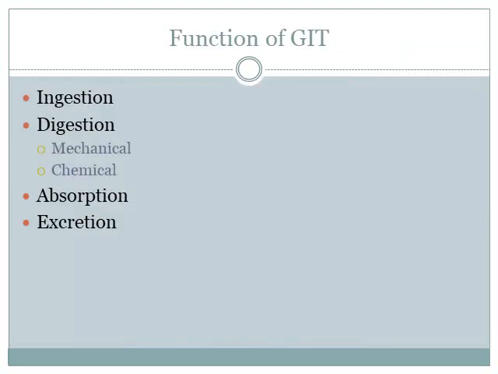Now when we talk about the gastrointestinal system, we need to remember that the whole function of the gastrointestinal system goes in line with digestion. So everything to do with ingestion, digestion, now that's both mechanical and chemical. So mechanical being mastication and deglutination, which is another way of saying swallowing. And then you've got your chemical digestion that occurs in the presence of acids, enzymes, and pepsinogen as well.